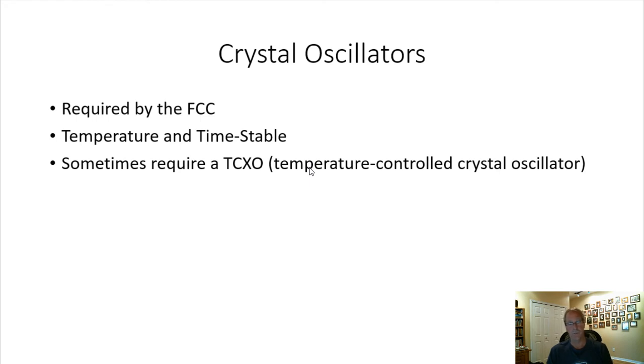It elevates the temperature in the part to something above ambient. And there's a thermostat in there that keeps it at that temperature. So if it gets a little warmer in the room, the thermostat detects that and turns off the heat. If it gets a little colder, it detects that and turns on the heat, keeping the crystal at a relatively stable temperature. Same temperature. So that really creates some very accurate frequencies.